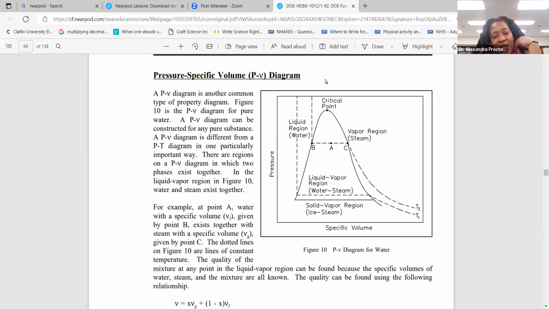A PV diagram is different from a pressure temperature diagram in one important way. There are regions on the PV diagram in which two phases exist together, which you don't see in the aforementioned diagram. So in the liquid vapor region on this figure, water and steam exist together.